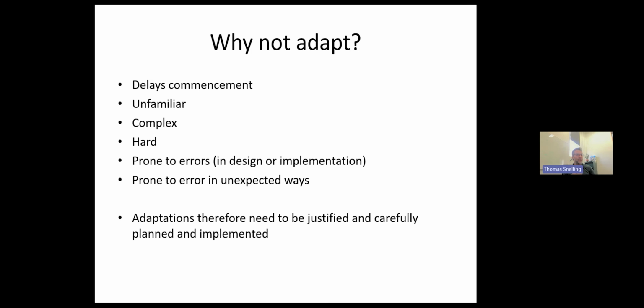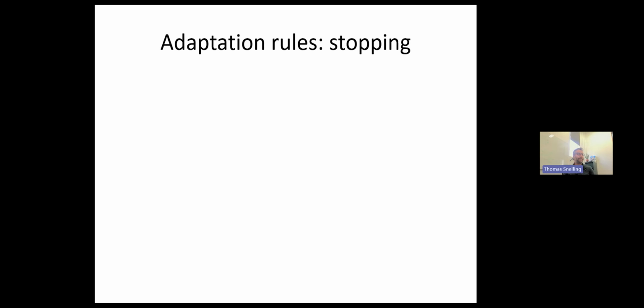So that's all just to say that we should never be implementing adaptations just for the sake of innovation, just for the sake of adaptations. Any adaptation needs to be properly justified and carefully planned and carefully implemented.